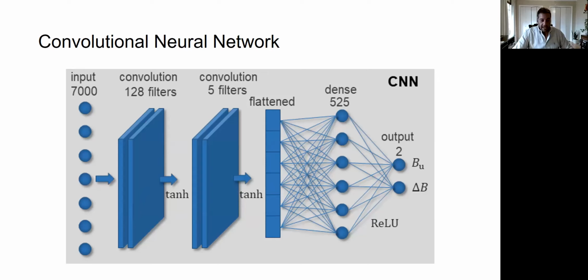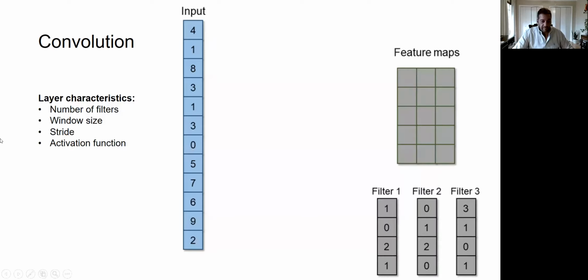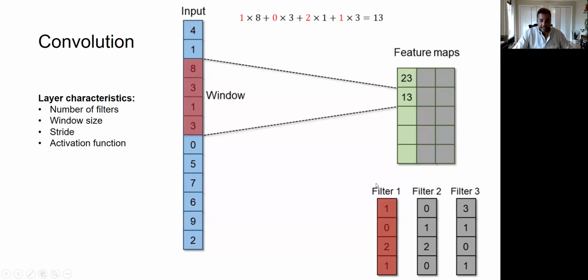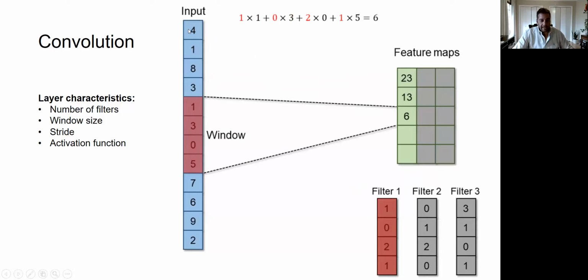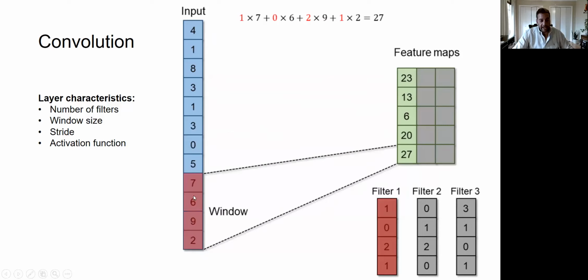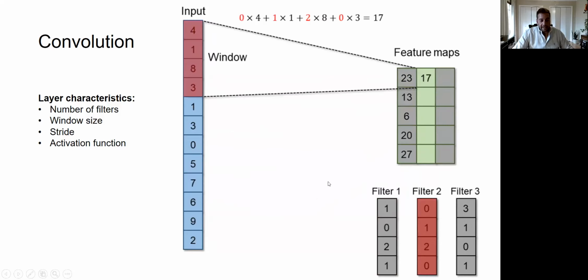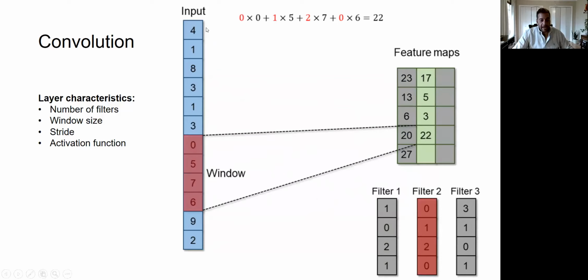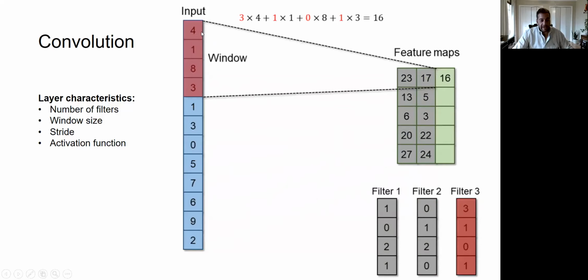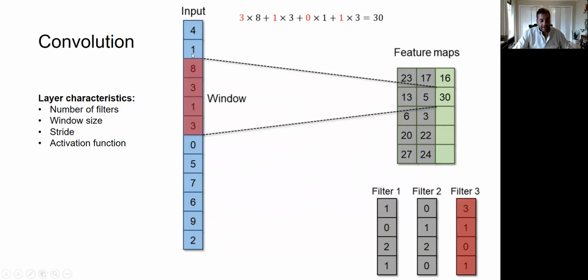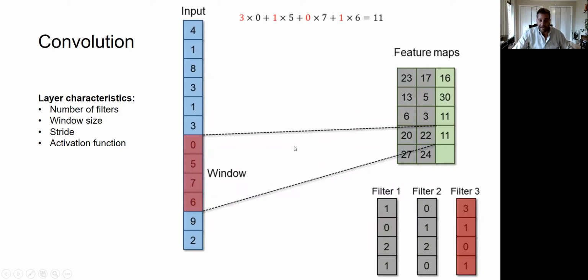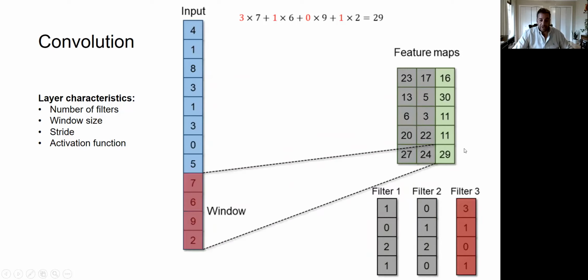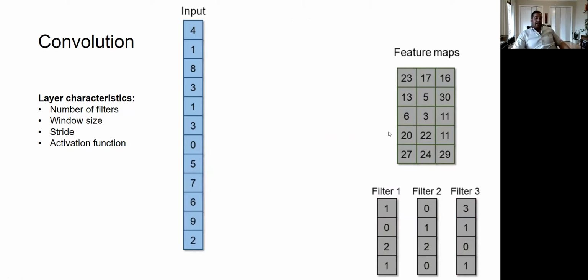Okay. How does that work? You have filters, let's say filter 1, 2, 3. This is an example data. You have the input data, and filter 2 is applied here. Basically, you multiply this number with the first number, the second number with this number, and so on, and then you add them up. And that becomes the result in what's called the feature map. So the characteristic things here, you have the filter or the window size.